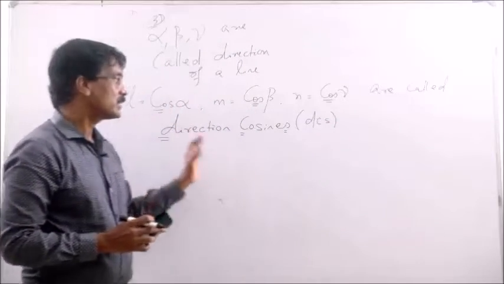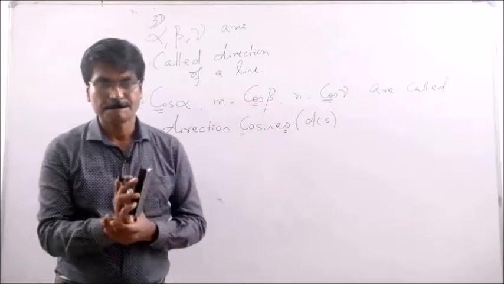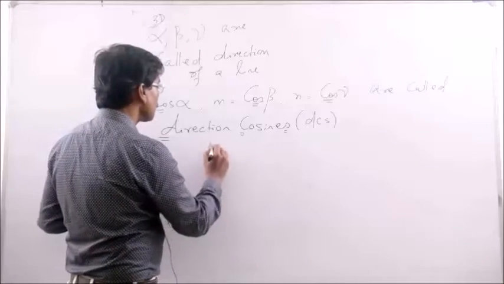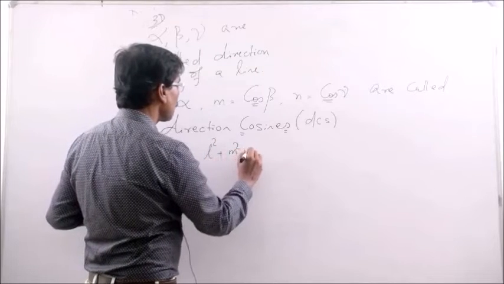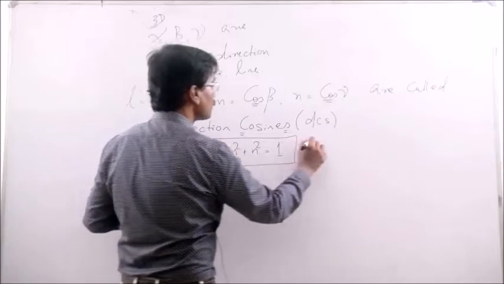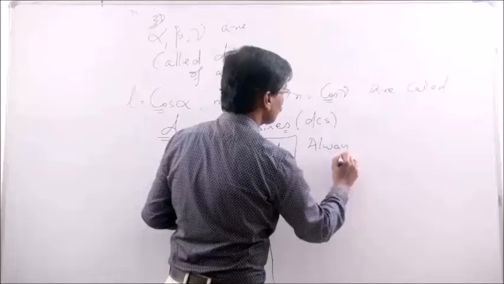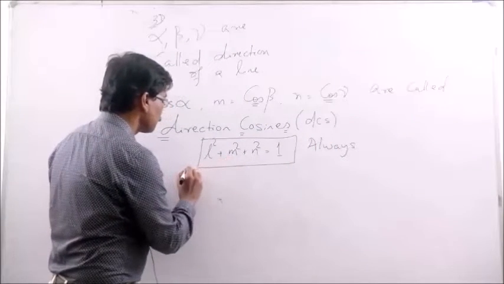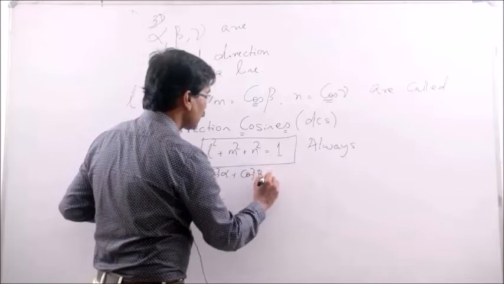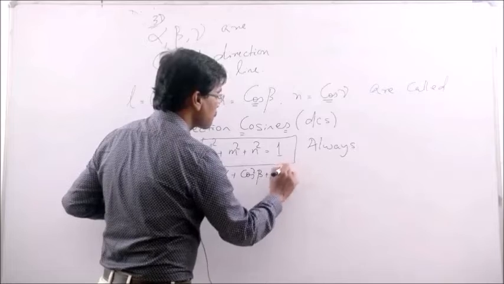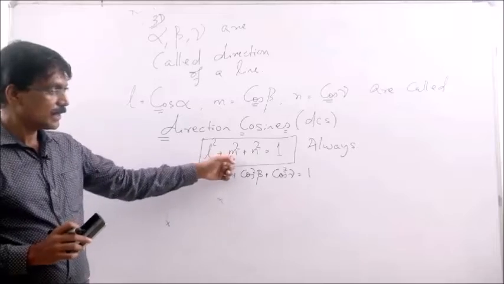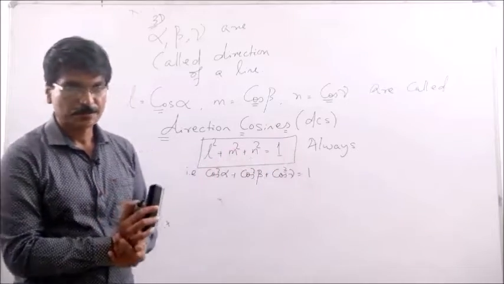So, direction cosines are represented as l, m, n. Now, what is the relation between the direction cosines? That is l square plus m square plus n square is equal to 1 always. That is cos square alpha plus cos square beta plus cos square gamma is equal to 1, where l is cos alpha, m is cos beta, n is cos gamma.